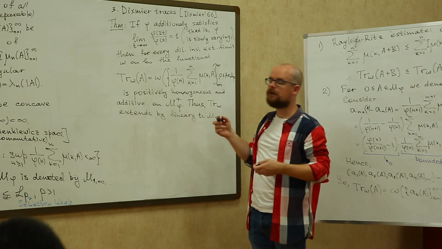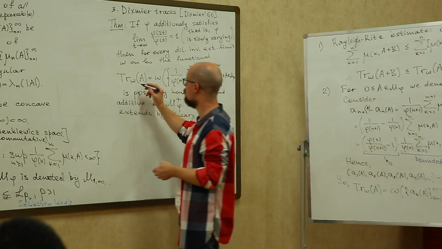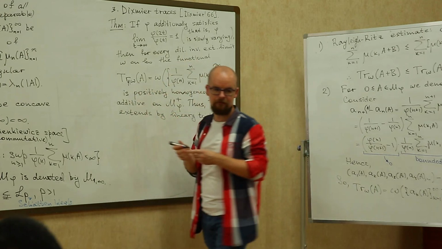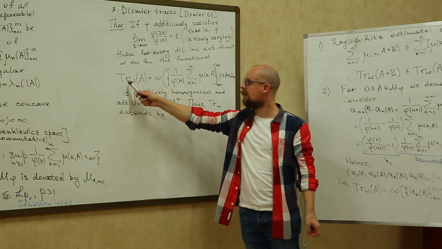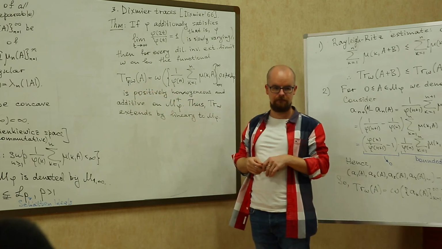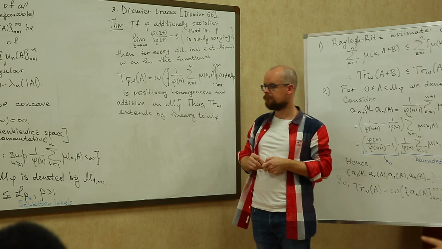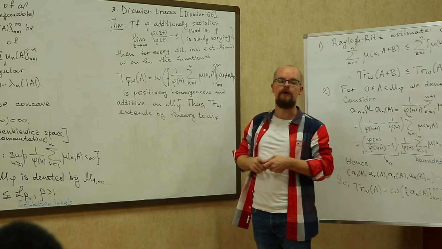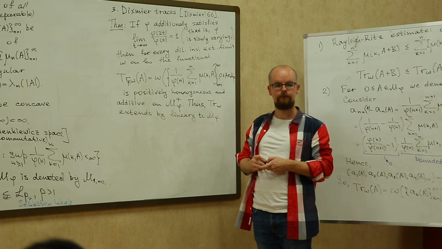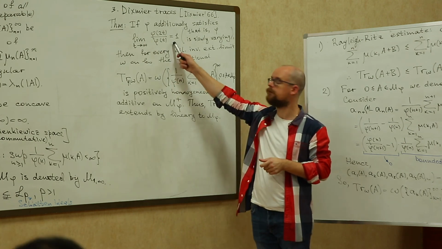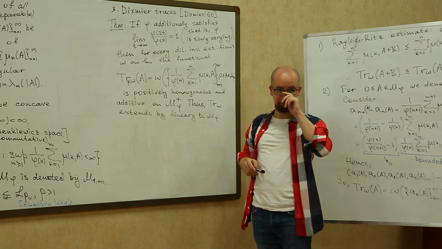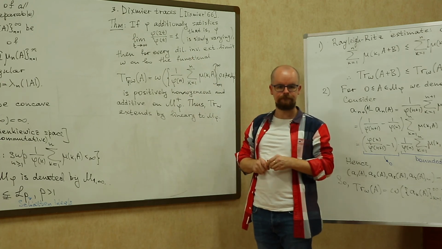Yes. So it might be a good idea to write trace phi omega, because when we do this, both phi and omega are fixed. And one special example is you take phi equal to the root of 1 plus x squared, because that function is slowly varying. So it does satisfy this.